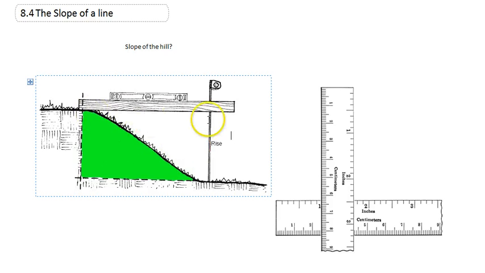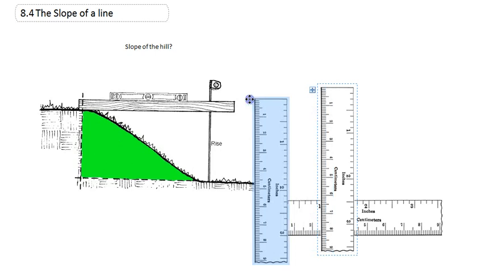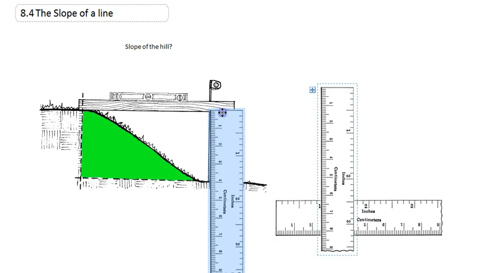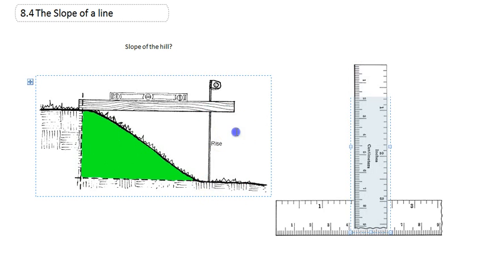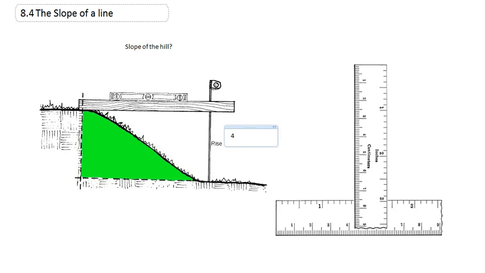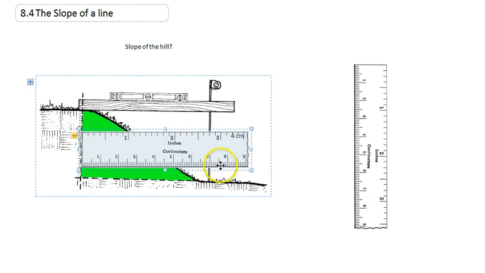So if we look at this hill and we measure here the rise of our hill, which you can see here is 4 centimeters. So let's put 4 centimeters here. And we also measure the run of our hill, which is right here, which is a 7.